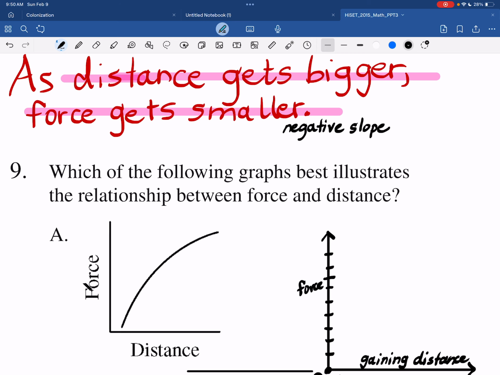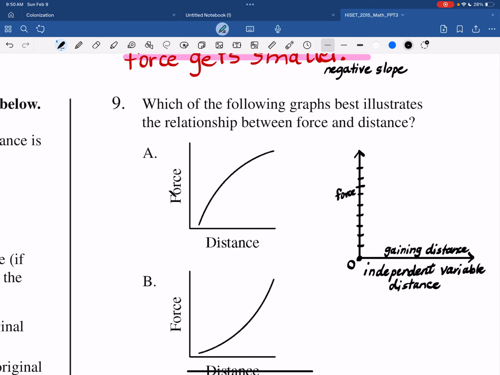So let's look at our options here. Number 9A is showing me that as distance grows, the force is also growing. It's getting taller as the distance grows. So force is getting bigger. We want it to get smaller. Force is getting bigger, distance is getting bigger. This is not what we're looking for.